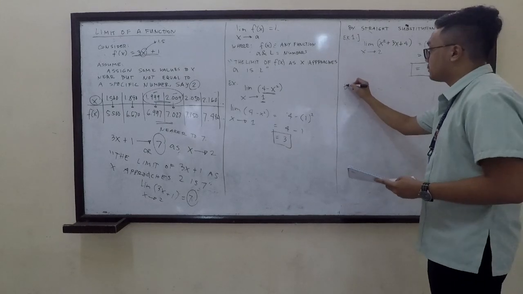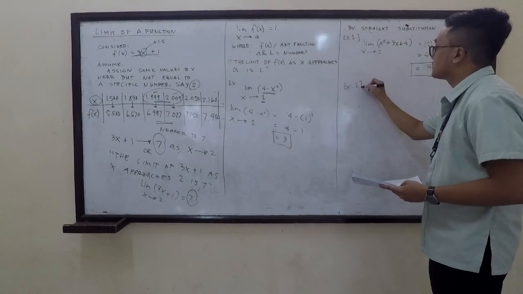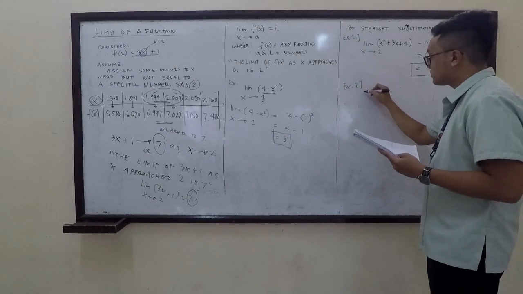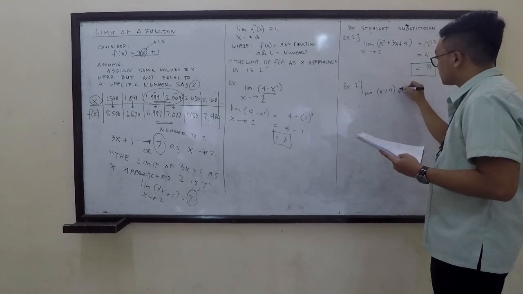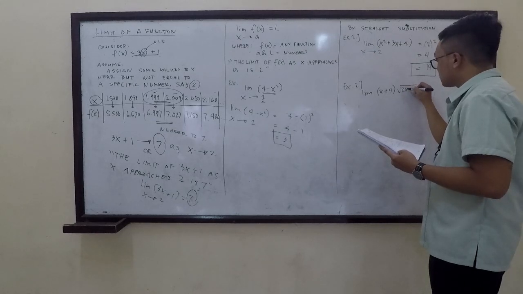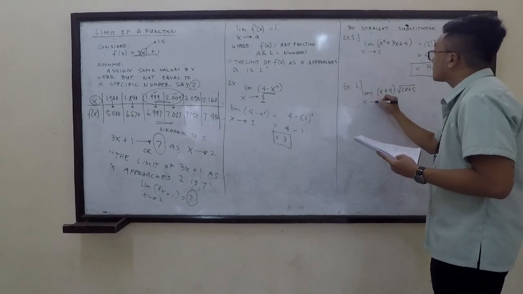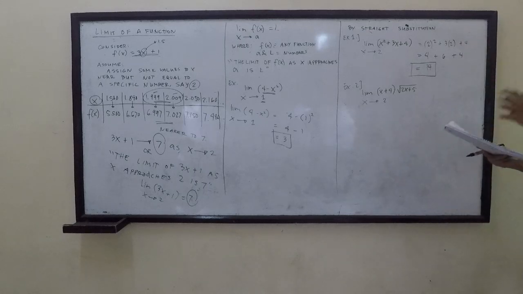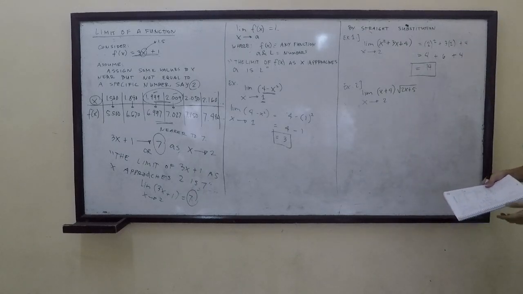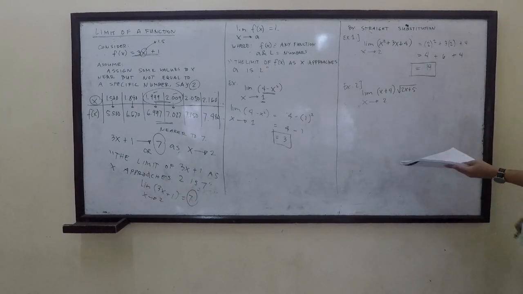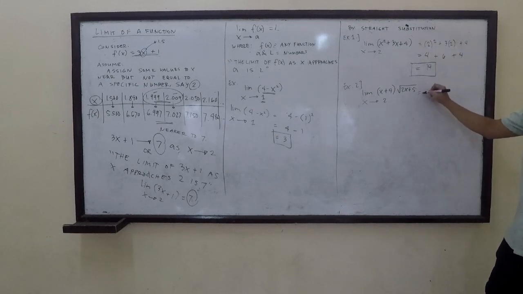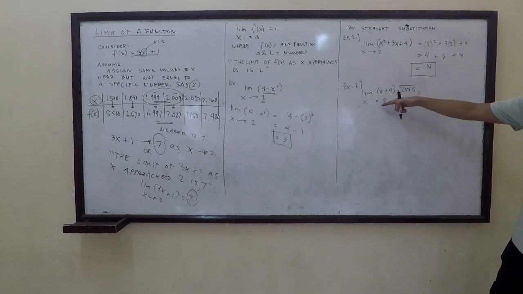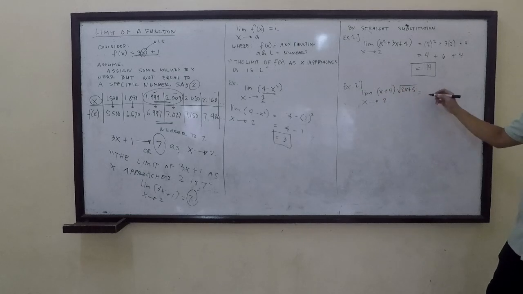Okay, so example number 2, find the limit of x plus 4 multiplied by the square root of 2x plus 5. By using straight substitution, we substitute the value of x.